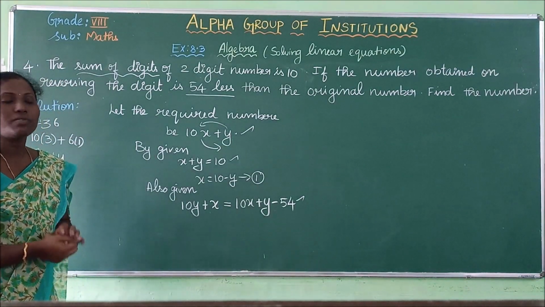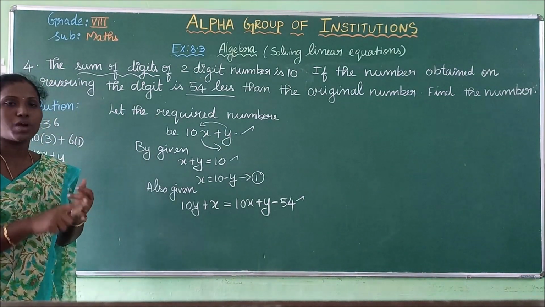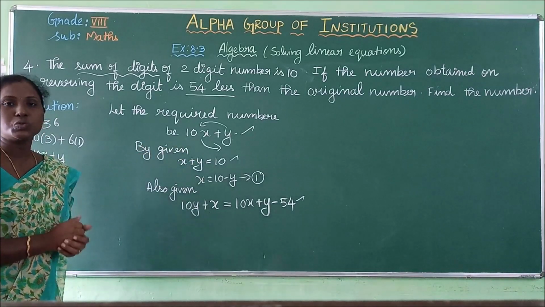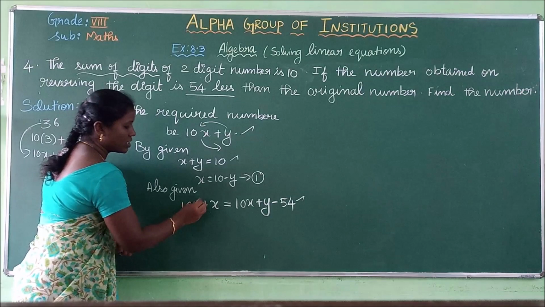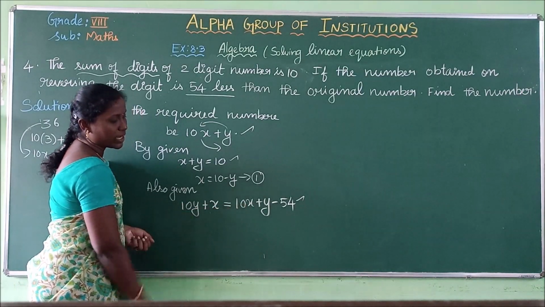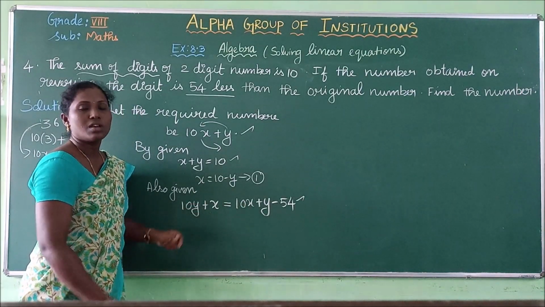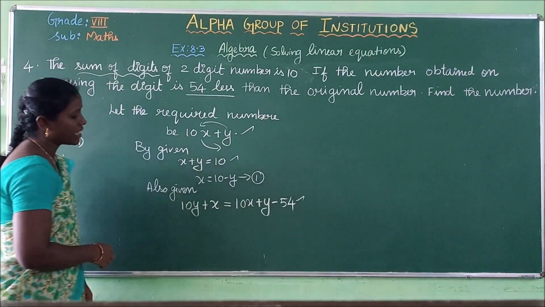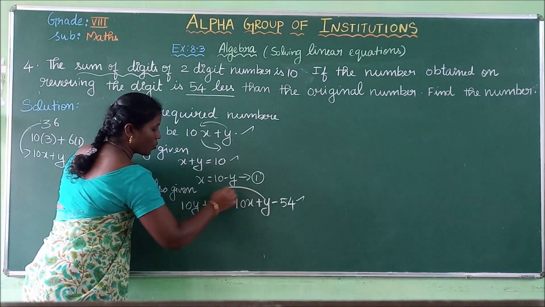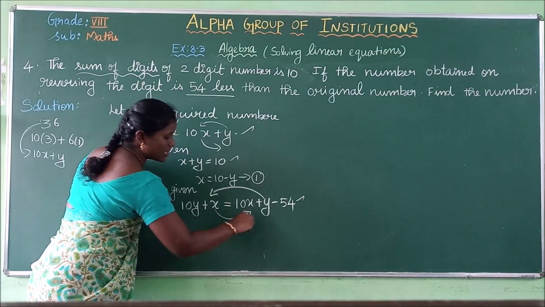Now, what we have to do? Our work here is to identify the values of x and y, and we have to identify this two-digit number. For that, first we will group the x and y terms together. Then only we can use the substitution here. So group the x and y values. I am taking y to this side of the equation and x to this side.